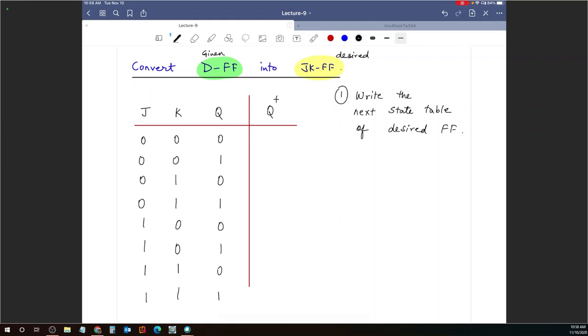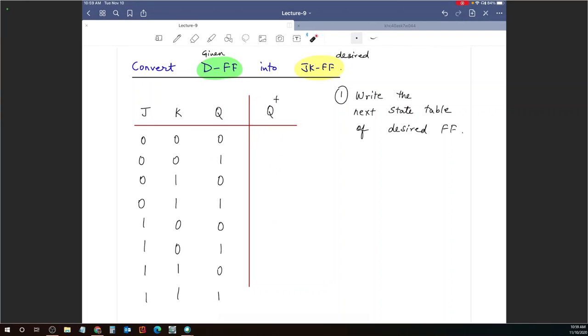Now, the first step is to write the next state table or the characteristic table of the desired flip-flop. What do you desire? JK flip-flop. So I've started the JK flip-flop characteristic next state table. I've written J, K, previous output Q, and the current output Q plus.